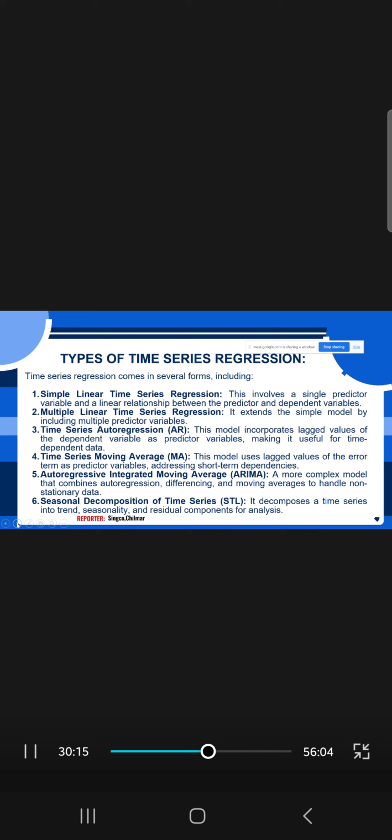They have a number of limitations. One limitation is that they assume that the relationship between the dependent variable and its lagged values is linear. This may not always be the case. If the relationship is not linear, then the model will not be a good fit for the data.